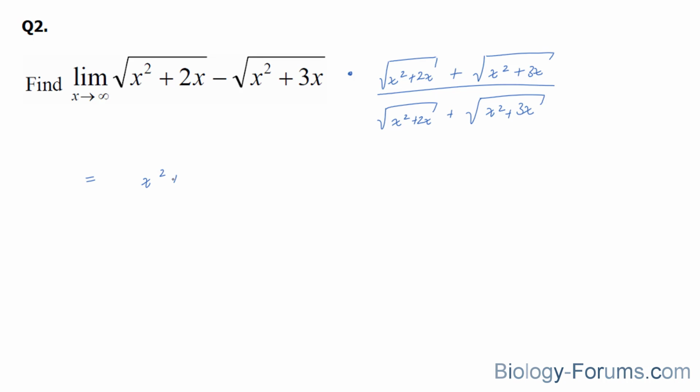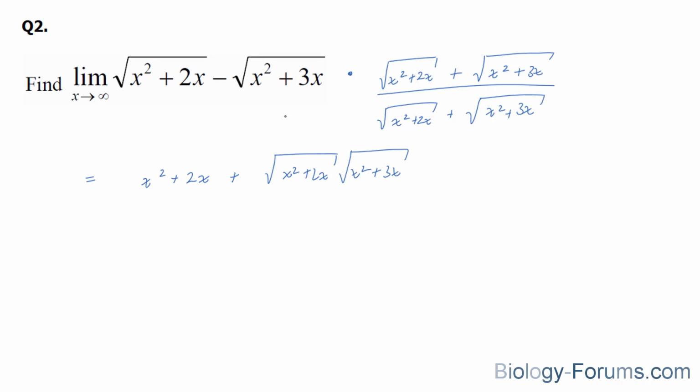X squared plus 2x. Remember, since this and this are the same term, multiplying them out destroys the square root. And then plus this times this, which is equal to x squared plus 2x and x squared plus 3x.